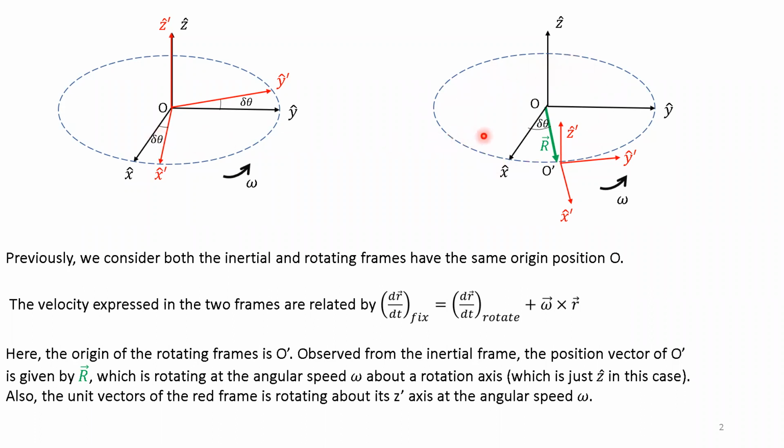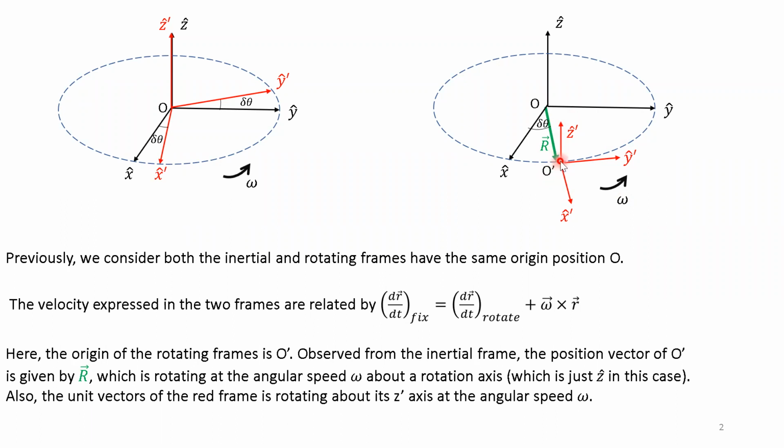Again you imagine a rotating platform, but previously both observers were standing at O. Now the rotating observer is standing at the edge of the rotating platform, and this O prime is the new origin for this red rotating frame. This O prime is actually moving.